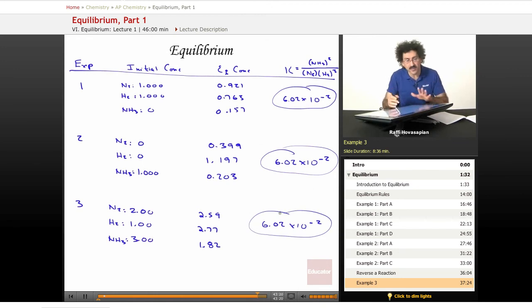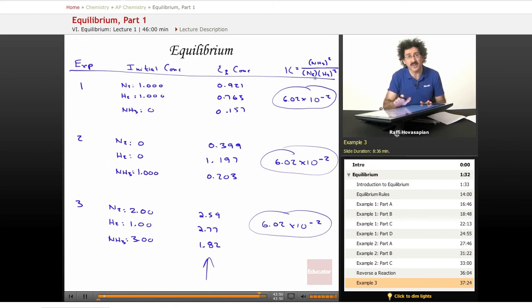This is proof that these things right here are equilibrium conditions. Equilibrium conditions depend on the particular experiment that you're running at any given moment. These individual numbers are different among the experiments, but the relationship based on the equilibrium expression, the products raised to their stoichiometric coefficients divided by the reactants raised to their stoichiometric coefficients, that number stays constant.